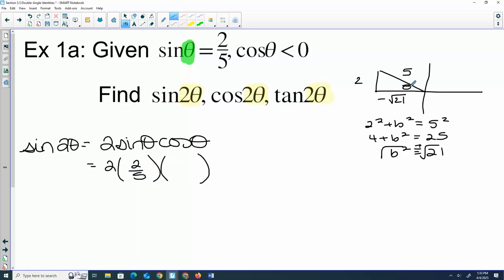Cosine, we had to have our triangle to tell. Adjacent over hypotenuse would be negative radical 21 over 5. So we get negative 4 radical 21 over 20.